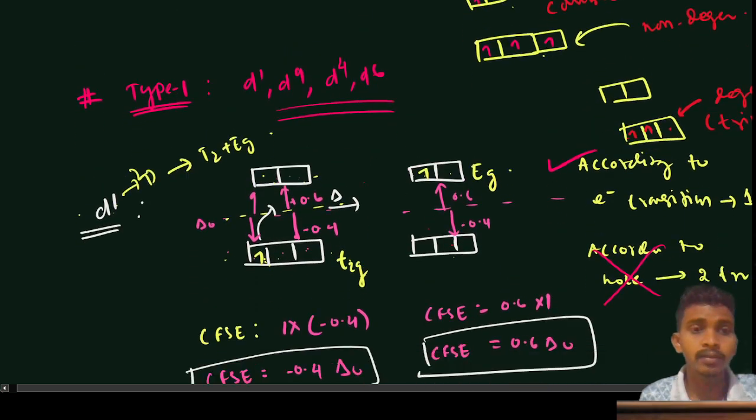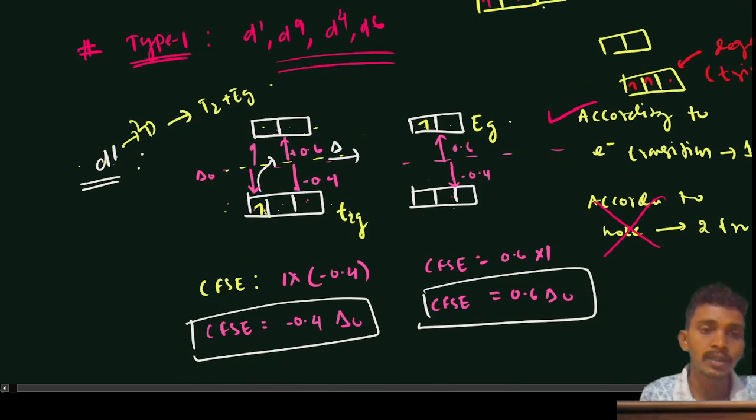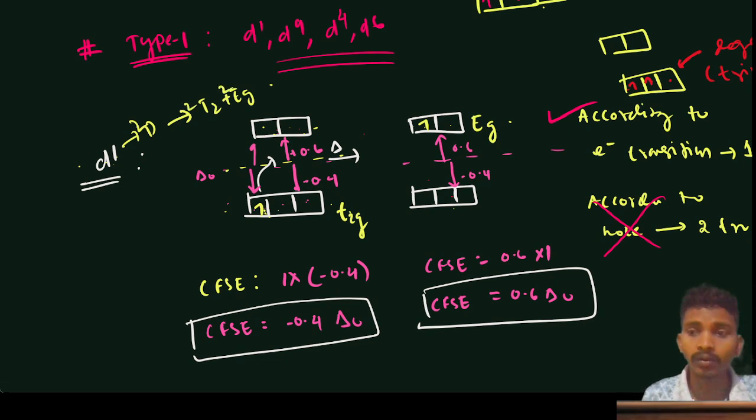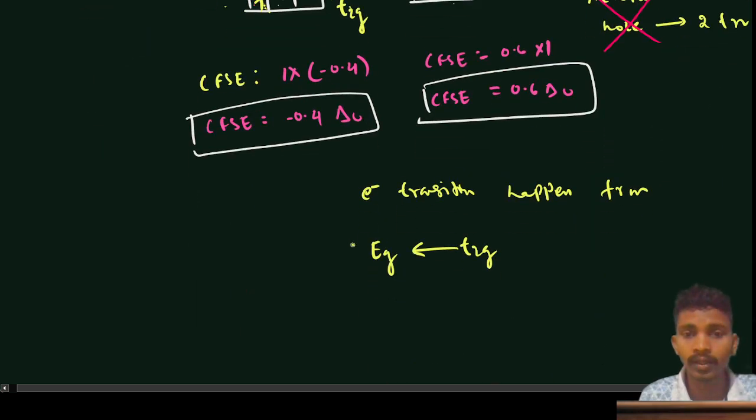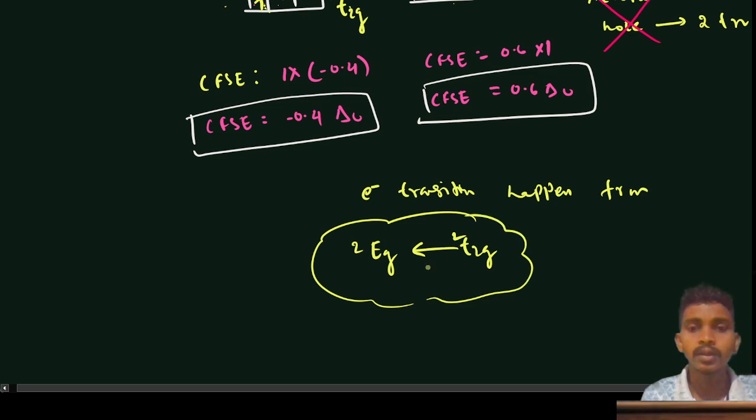And since it is D1, here also I will put 2 and 2. So this is the electronic transition for the case of D1.